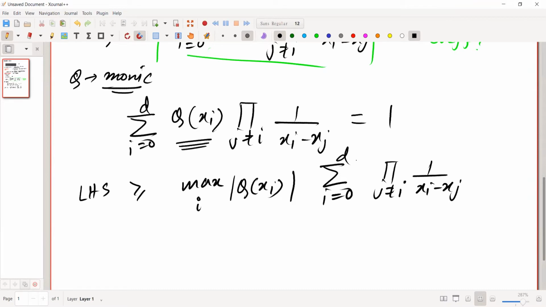It will be less than or equal to, right? Because, oh, max. Oh yeah, sorry.